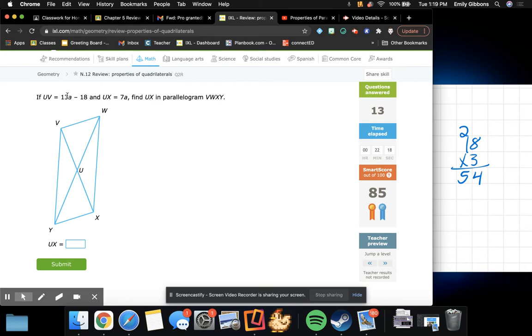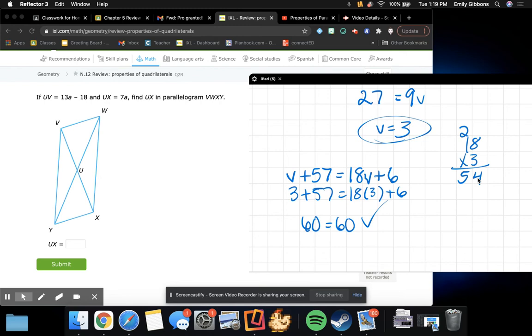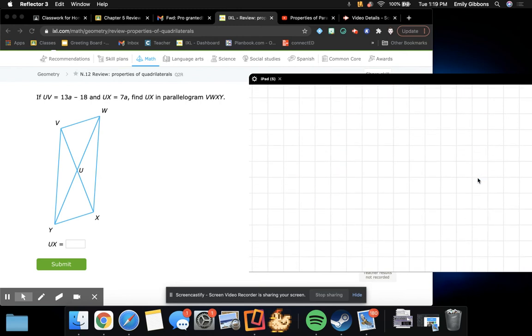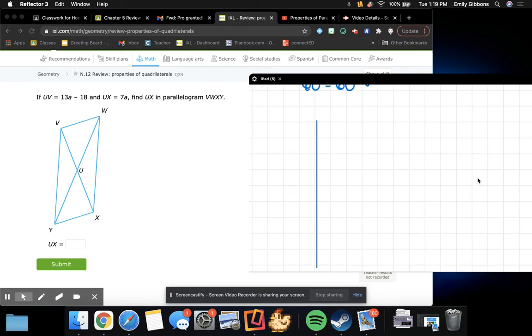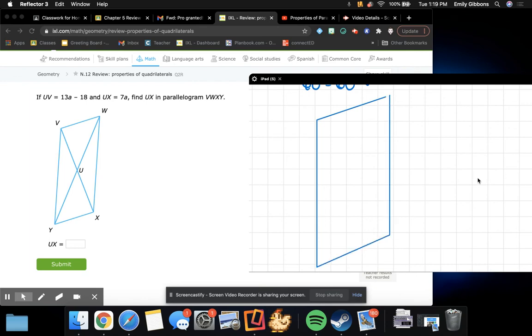If UV equals 13a minus 18 and UX equals 7a, find UX in the parallelogram. So we know it's a parallelogram. I'm going to draw my picture so that I actually know what I'm doing. Otherwise, I'm clueless. So they're talking about sides, some segments.